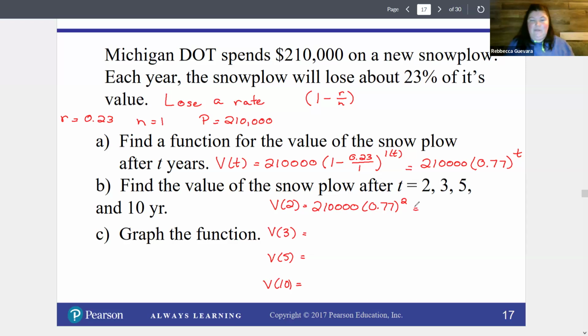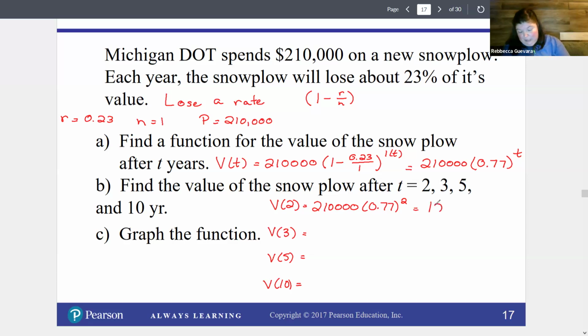Okay, so after 2 years, we have 210,000 multiplied by 0.77, raised to the power of, in this case, 2.